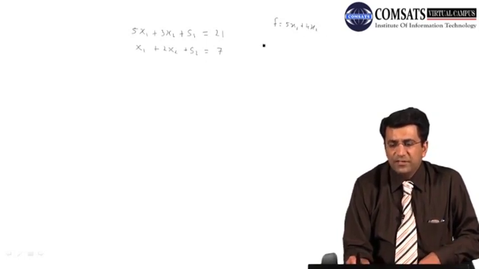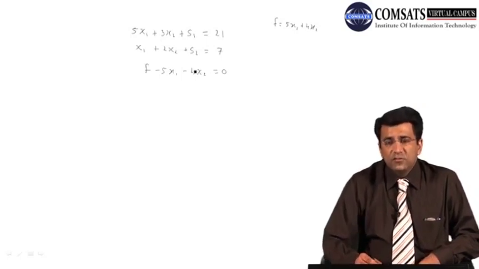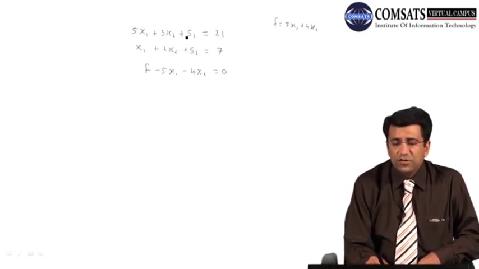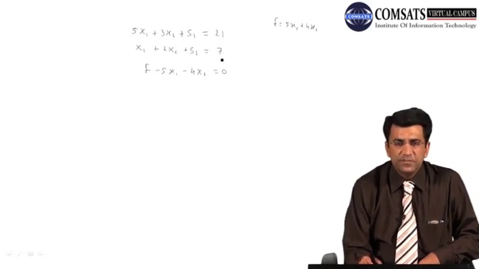So we can rewrite this function as f minus 5x1 minus 4x2 is equal to 0. Why are we doing that? Because we want to convert all three equations into homogeneous form. Homogeneous means that on the right hand side we have constant values for all three equations.